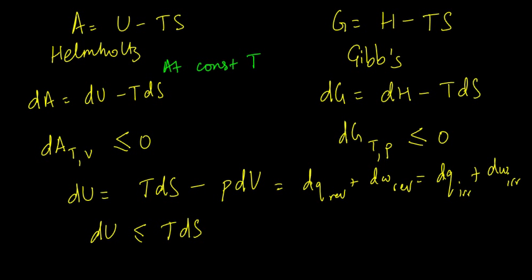If the energy goes down, that means heat is released to the surroundings, which means the entropy of the surroundings must go up. Sir, so the entropy of the system will go down. It might go down, it might be 0. Doesn't matter.